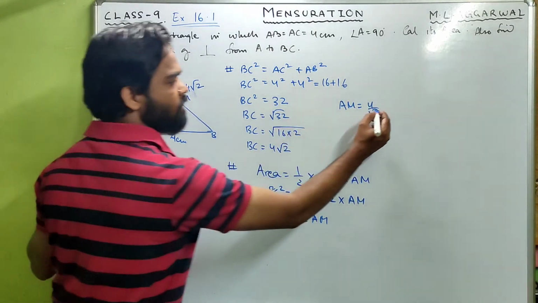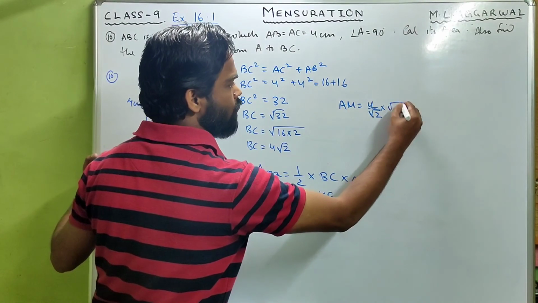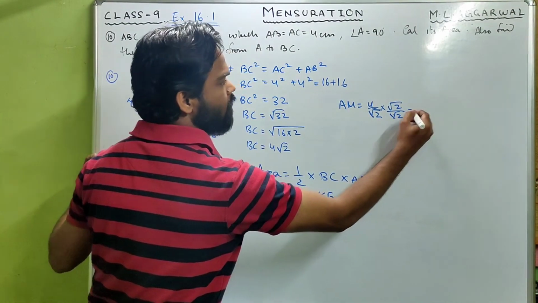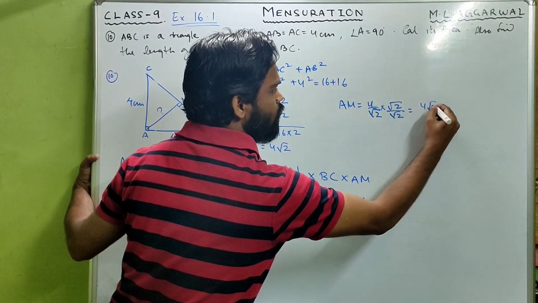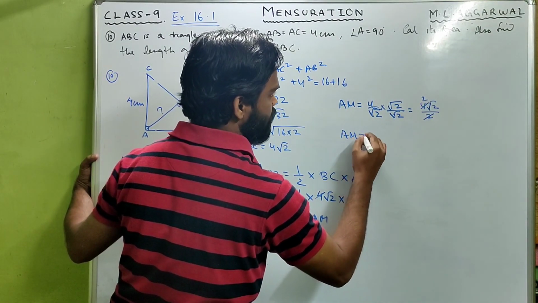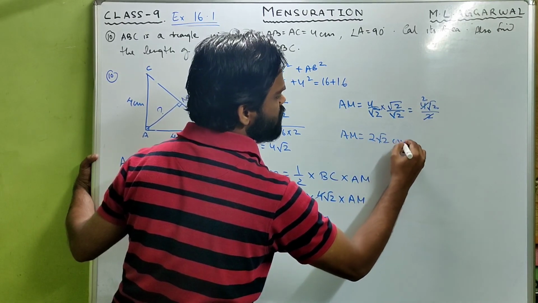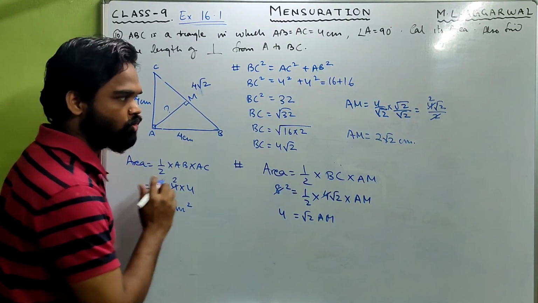Now we can't leave the answer like this because root cannot be in the denominator, so we'll rationalize it. So root 2 multiplied by root 2. We'll multiply the numerator and the denominator by root 2. So that's 4 root 2 by 2. That's, so AM becomes 2 root 2 centimeter. Now we know the value of root 2.